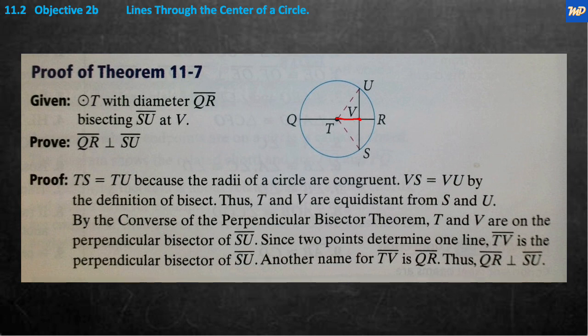Another name for TV: since you can have as many points on a line as you like, you can name it anything you want, but Q and R are points on TV, the line TV extended. So TV is the perpendicular bisector of SU, and another name for it is QR. Thus QR is perpendicular to SU. That was fun.